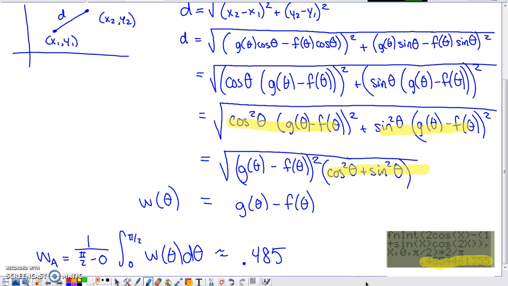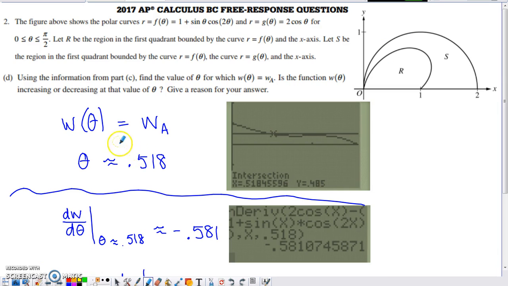I do run the risk of a little bit of round off error based on the way that I handled the rounding off of this and just using 0.485 as the value that I graphed in this spot to go along with w of theta. I do get a value that's okay, accurate to the third digit beyond the decimal, but I basically ran the risk of losing accuracy by not doing everything perfectly there.